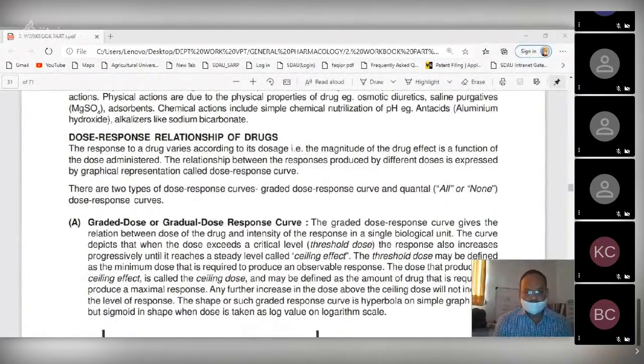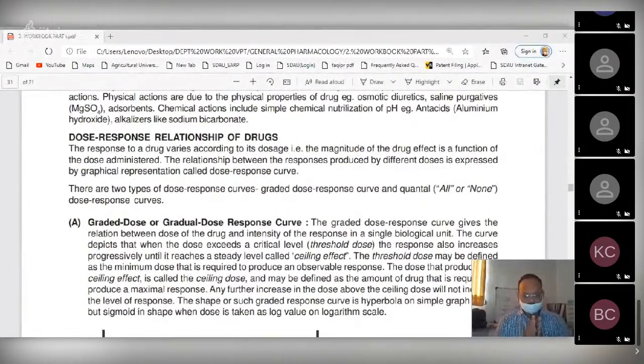Now if you see the dose response relationship, the response to the drug. Whenever you give any drug to a patient, the response in the same patient varies depending upon the dose or amount of the drug given to that particular patient.